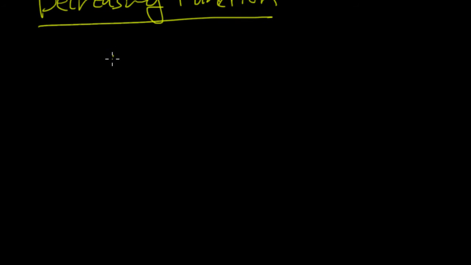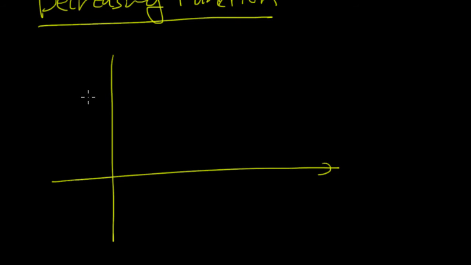If you have a function like this, going down like that, then that's a decreasing function. Now, what do you think a constant function is though?